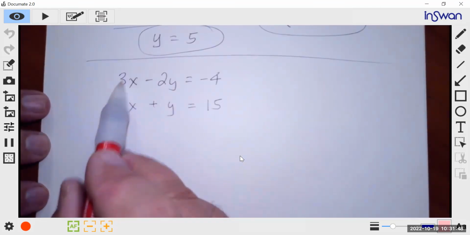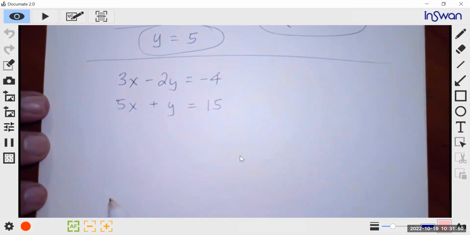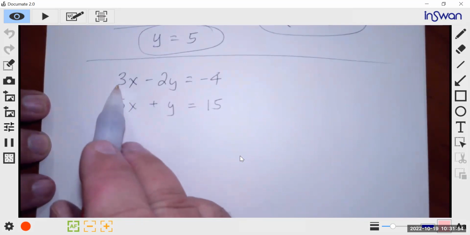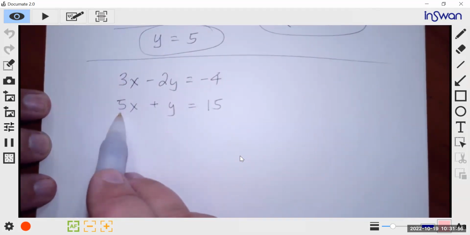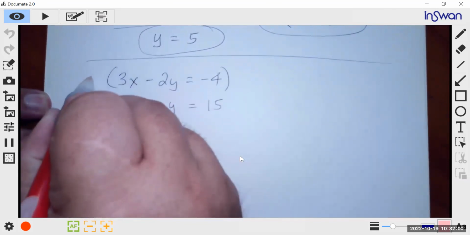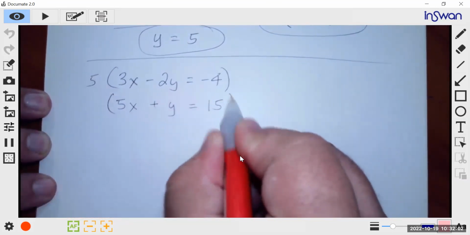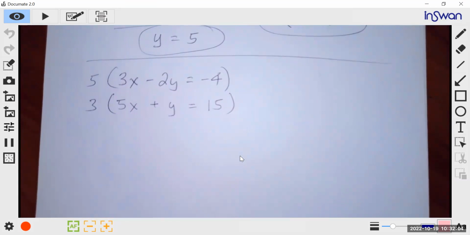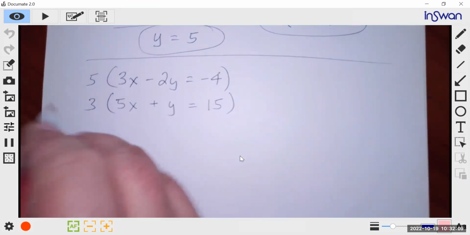So remember, they have to be the same number but different signs. Since this is a 3 and this is a 5, and they're both positive, I have to multiply the first one by 5 and the second one by 3. But one of them has to be negative. Doesn't matter which one, so I'll make the second one negative.